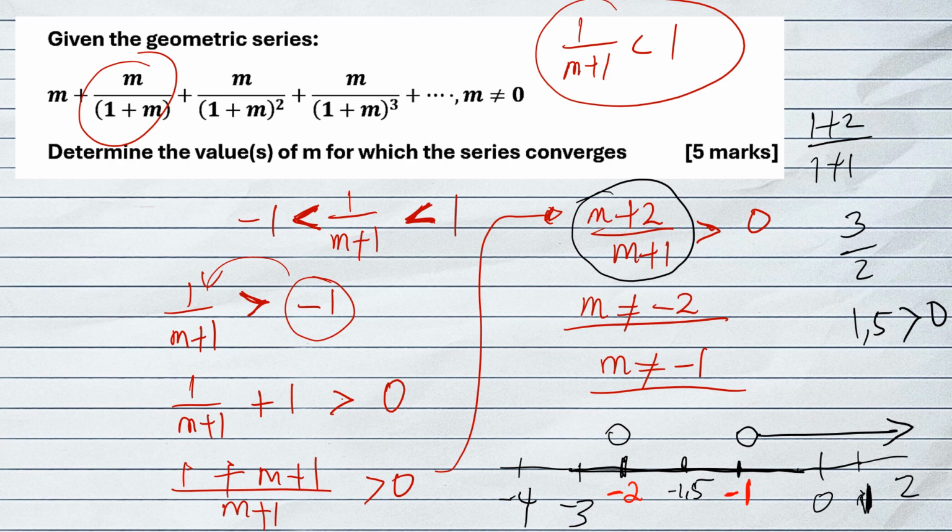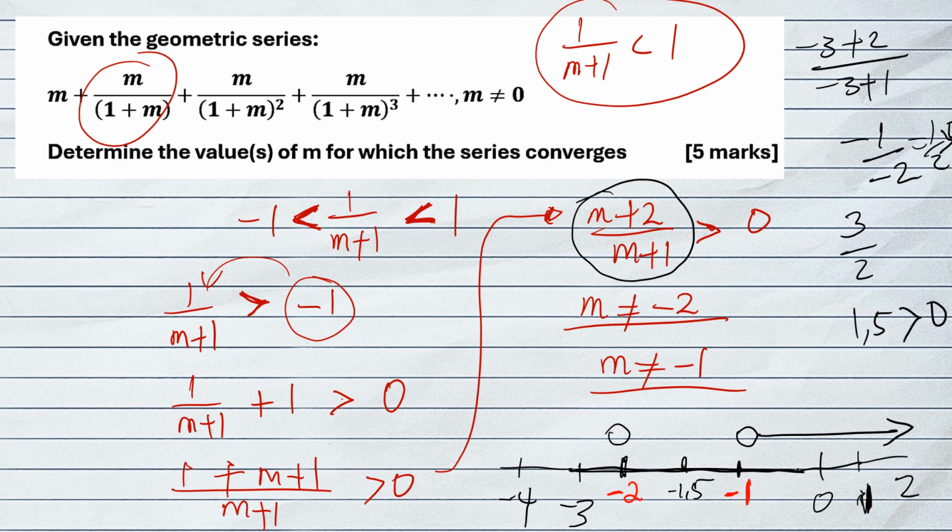Then let's check with -3. I'm saying -3 plus 2 over -3 plus 1. So I'm getting -1 over -2. Negative over negative is positive, so 1 over 2 is greater than 0. So you saw -3 is allowed, right?